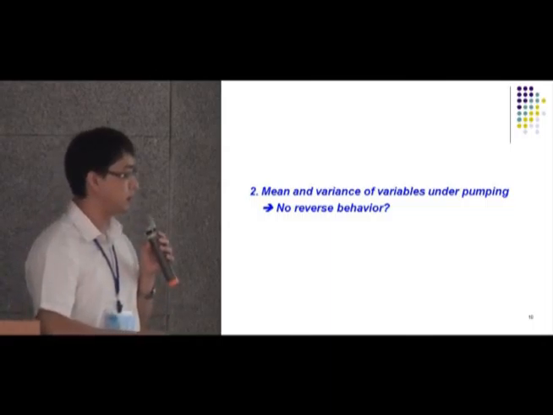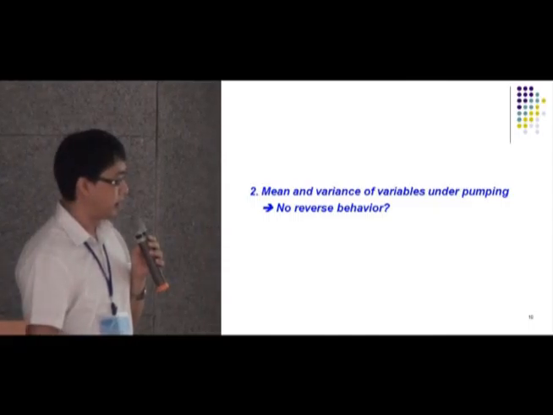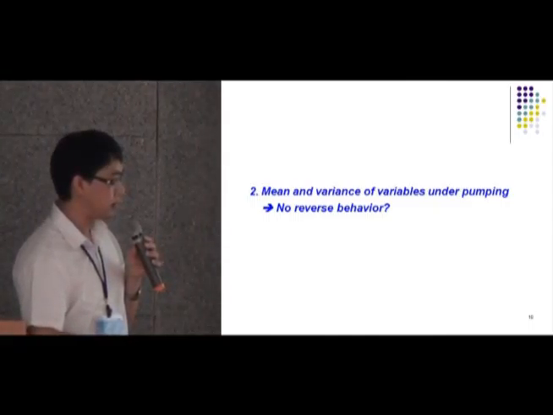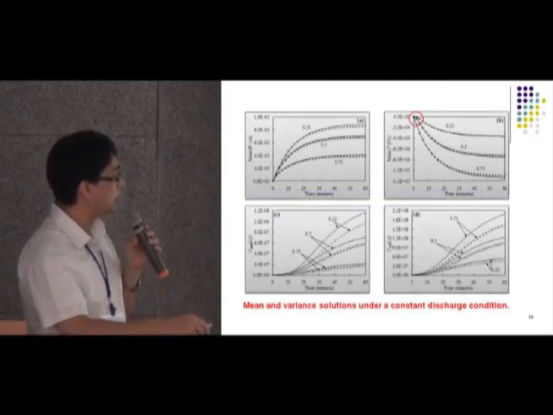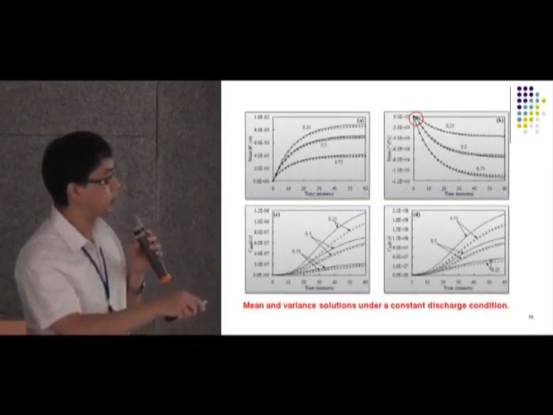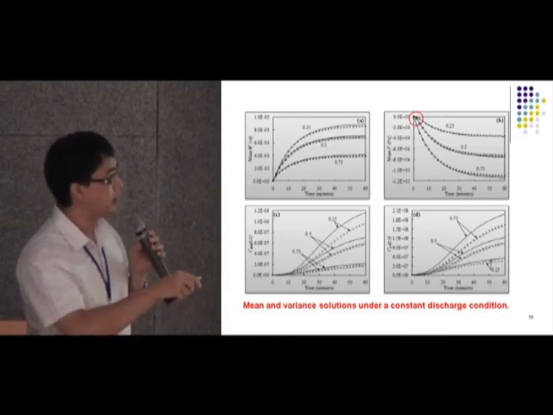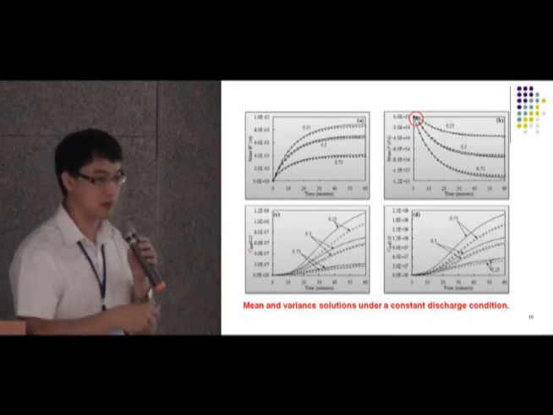And then let's see the mean and the variance of the variables under a pumping condition. We are thinking about whether there is no reverse behavior. The upper figure is the mean displacement and the mean change in water pressure. And the value in the figure is the dimensionless depth.